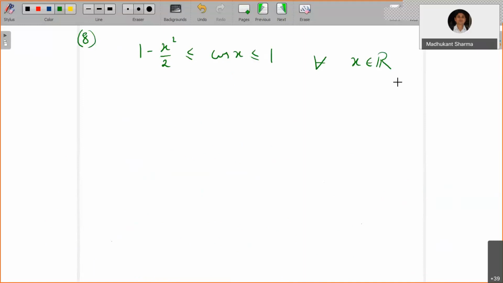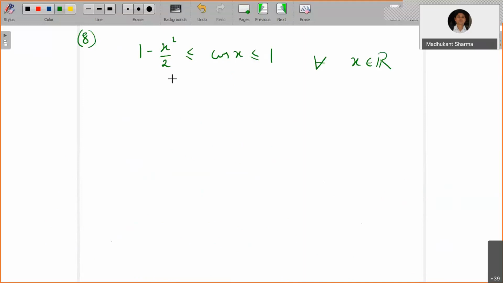This is a standard problem for the GATE exam, and it appears in many GATE exams.